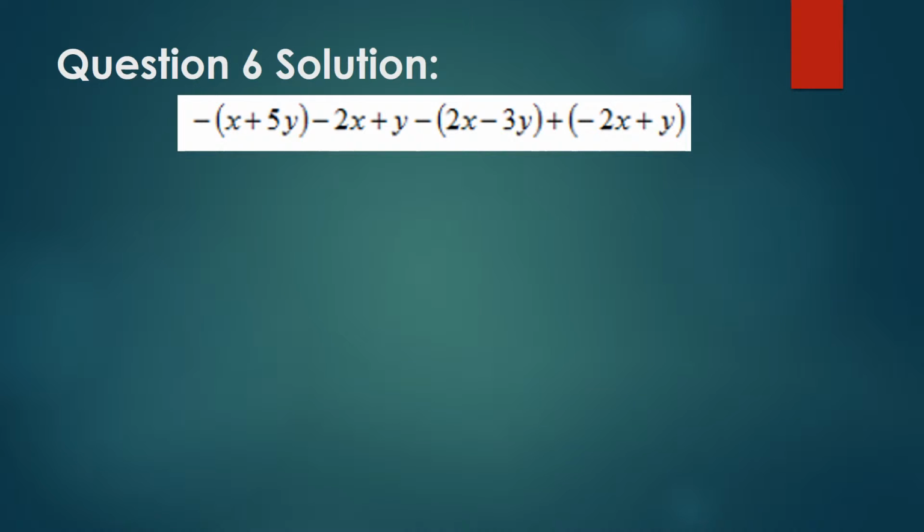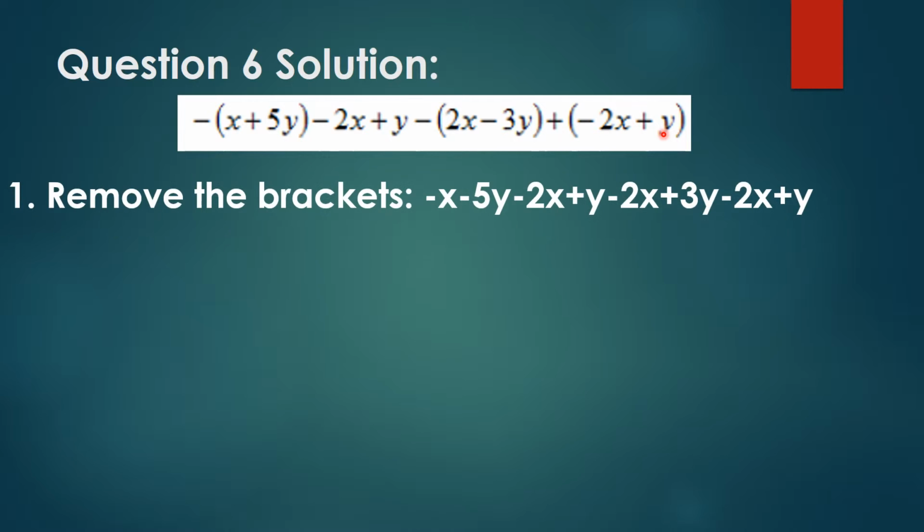In the next question, you have quite a few brackets, so you have to remove those. When you do that, you're going to get negative x minus 5y minus 2x plus y minus 2x minus a negative makes a plus, so it's plus 3y, plus a negative makes a negative 2x plus y. You remove all those brackets and you collect the x terms.